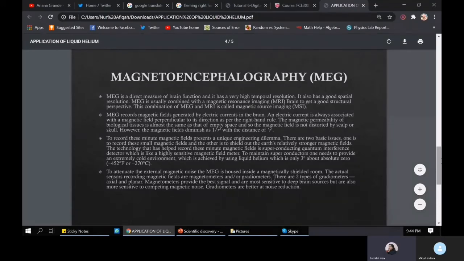Electric current is always associated with a magnetic field perpendicular to its direction, as per the right hand rule. The magnetic permeability of biological tissues is almost the same as empty space, so the magnetic field is not distorted by the scalp or skull. However, the magnetic field diminishes as 1 over r cubed with the distance r.